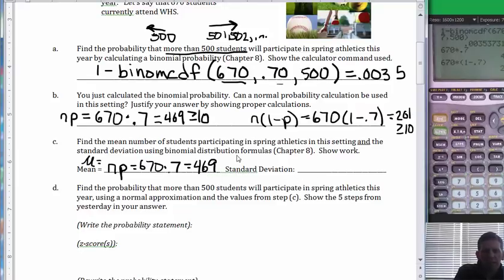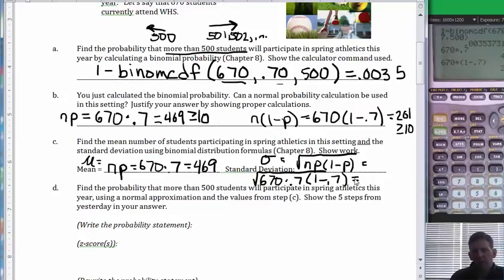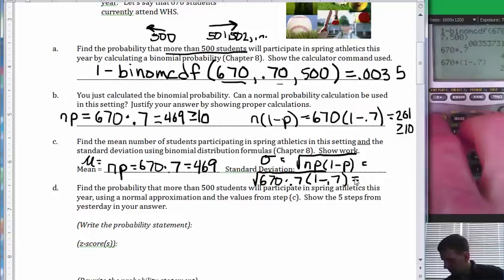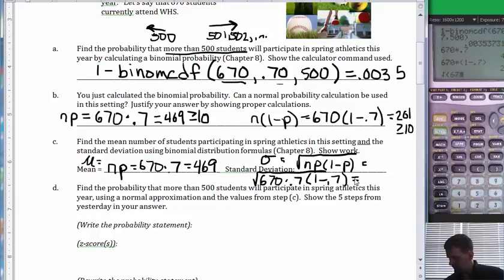Standard deviation, sigma, is equal to the square root of n times p times 1 minus p, also on your yellow formula sheet. So we're going to do 670 times 0.7 times 1 minus 0.7. If you have your graphing calculator with you, I would just crunch this out at one fell swoop.